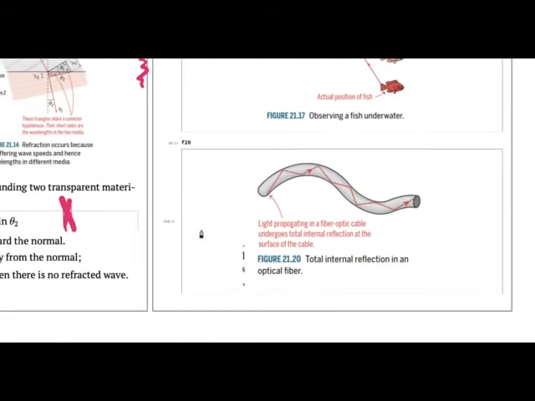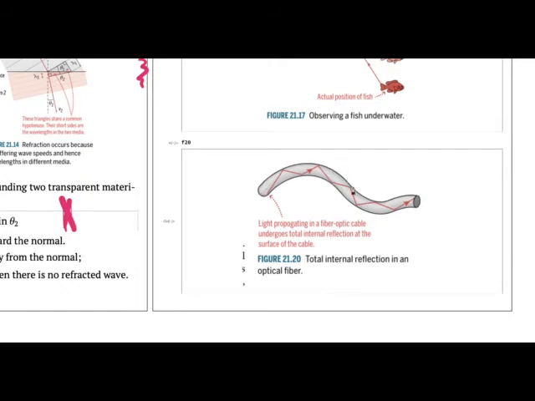Here's a picture which shows total internal reflection in an optical fiber. This is how optical fibers work. If you're getting information to your laptop from an optical fiber, if you have optical fiber carrying signals into your room, light is carrying the signal.